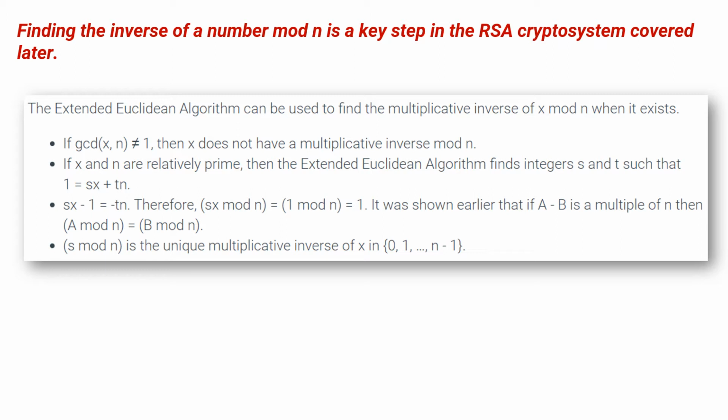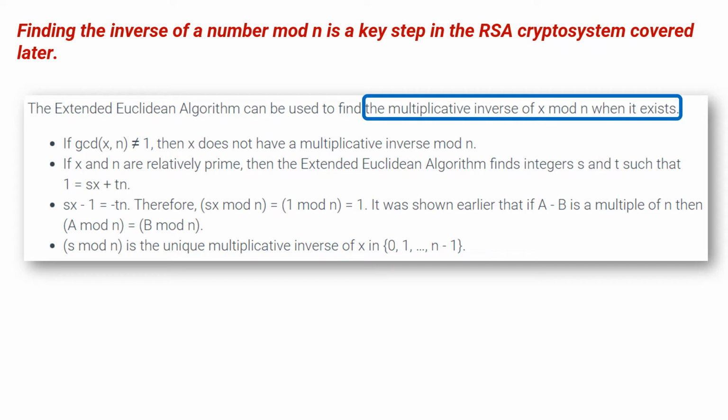So finding the inverse of a number mod n is a key step in the RSA crypto system that we're going to cover later. So we need to learn how to do this. This box tells us how to do that. First of all, we're looking for the multiplicative inverse of x mod n when it exists. So x is the number we're getting the inverse of, mod n.